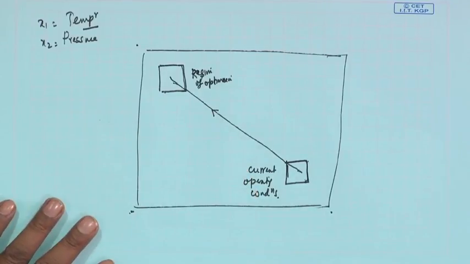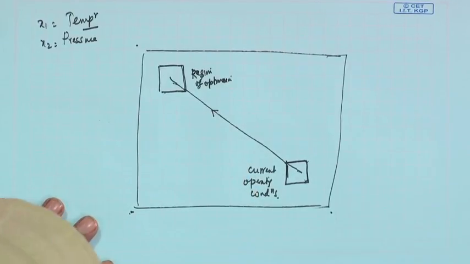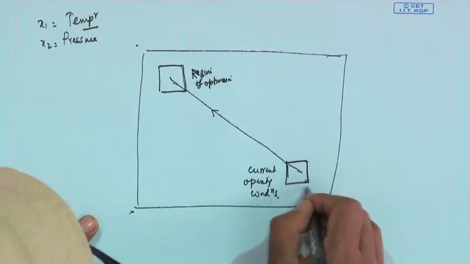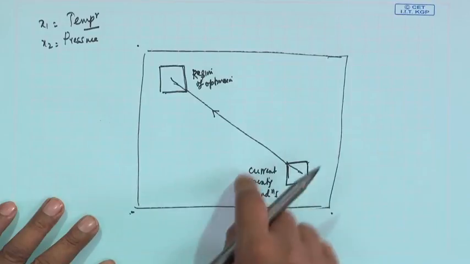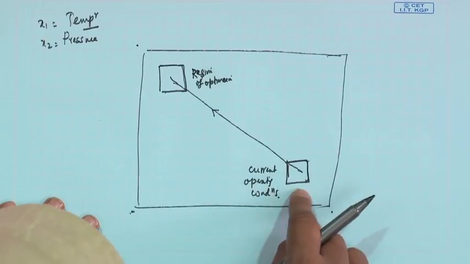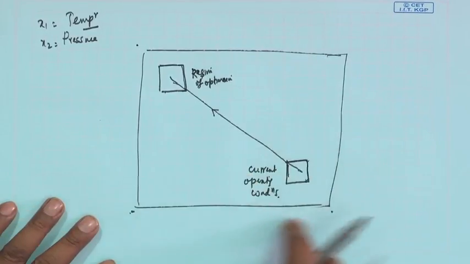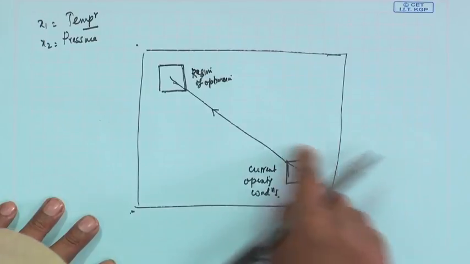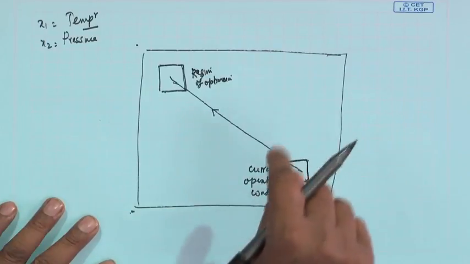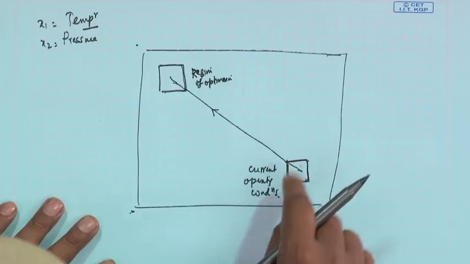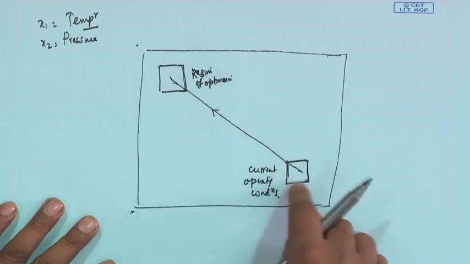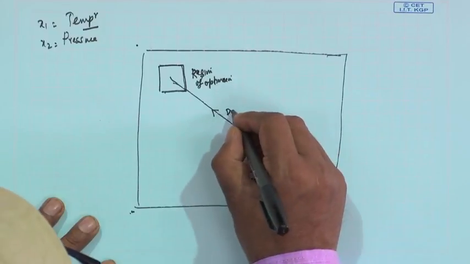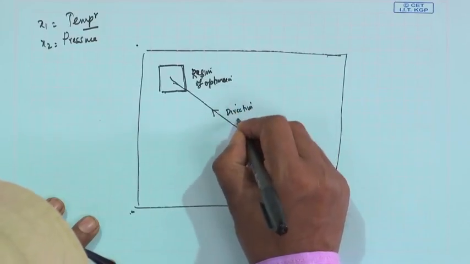It will give you these directions. Okay. So first, your approach is that you know your current operating conditions, then do an experiment here, fit a response surface model, and then by analyzing that model you find out the direction of improvement. So this is our direction of improvement.